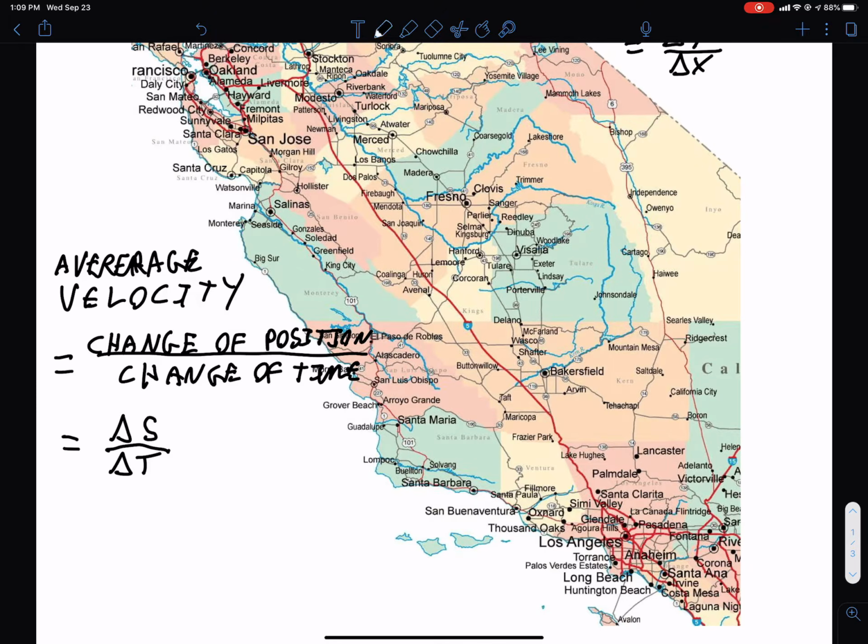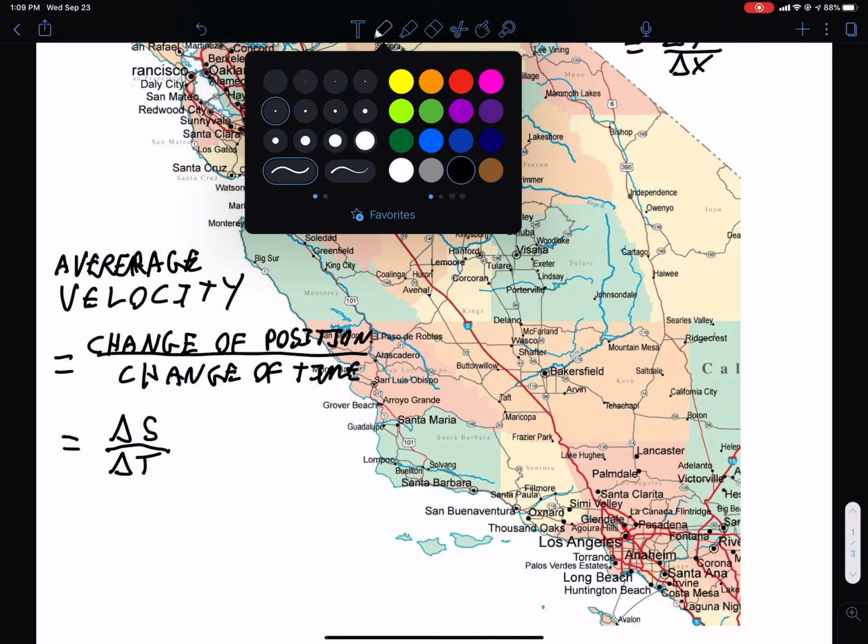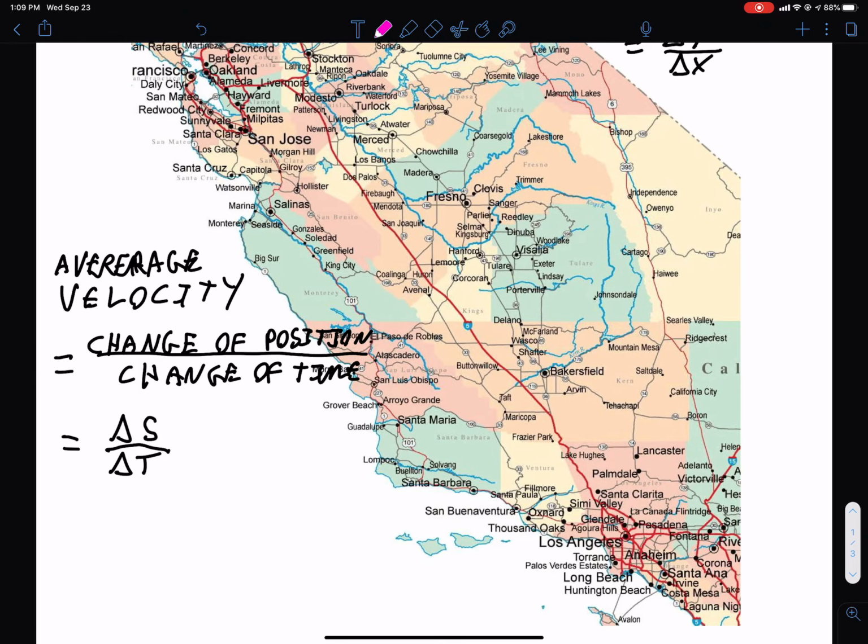And I will get, let's see, which color? This is a nice color. Where are we starting? So if you look, there's Anaheim down here at the bottom of the map. Huntington Beach. And so where's Garden Grove? Garden Grove is right around here, in between Anaheim and Long Beach, kind of.